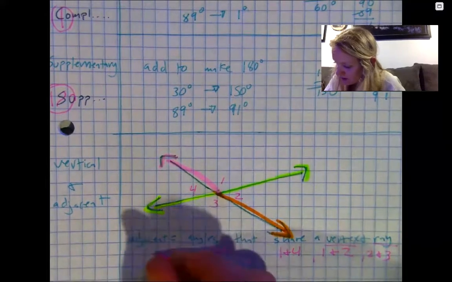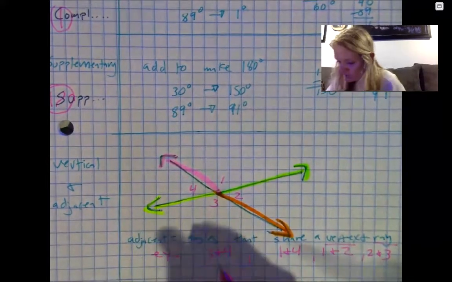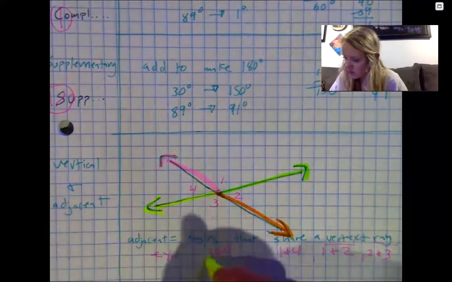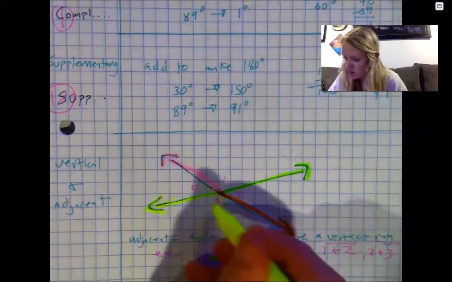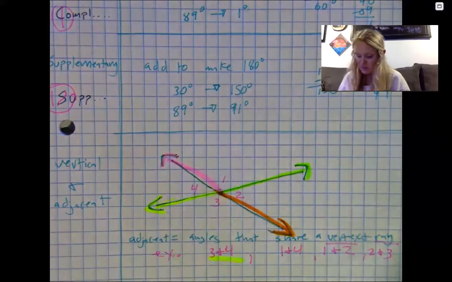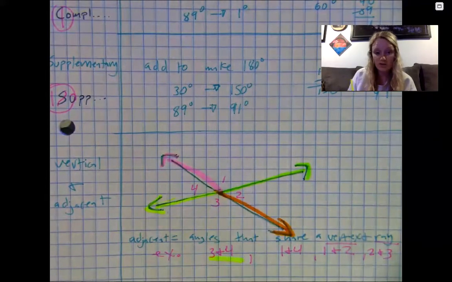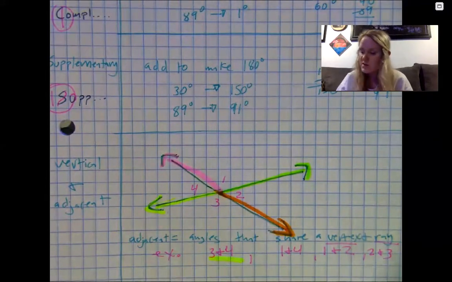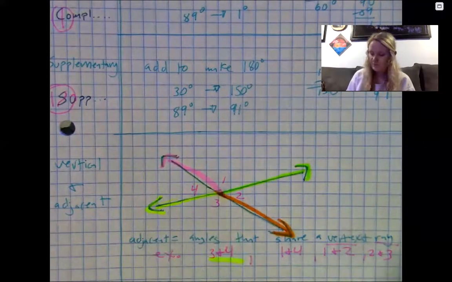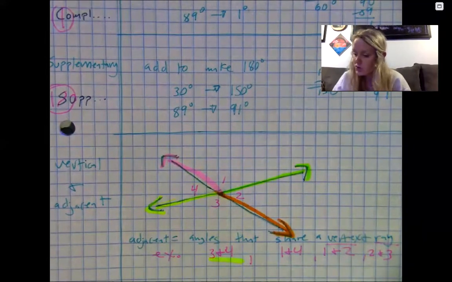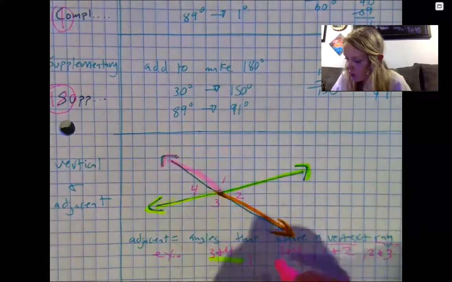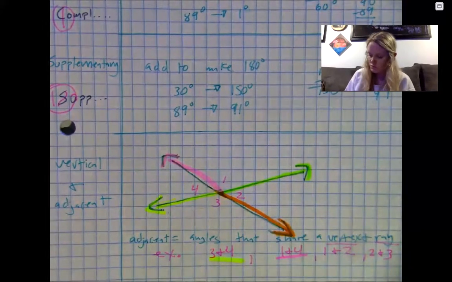So these are examples. 3 and 4 shared this ray right here. They were just touching on opposite sides of like the fence. Think of like your neighbor's adjacent to where you live. Your neighbor shares your fence. 3 and 4 share that ray. 1 and 4 share this fence. 1 and 4 are adjacent angles.